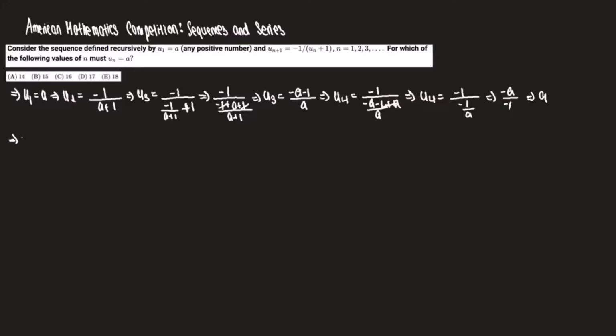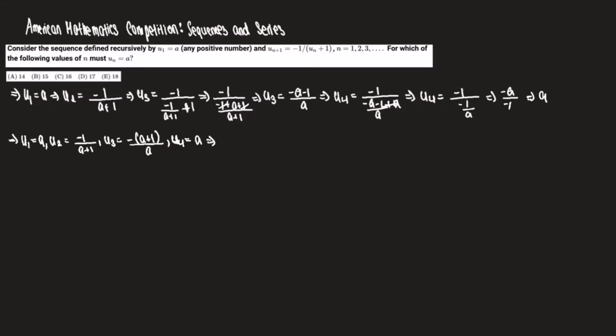Alright, so that's actually profound because u1 equals a, u2 equals negative 1 over a plus 1, u3 equals negative (a plus 1) divided by a, and u sub 4 equals a.